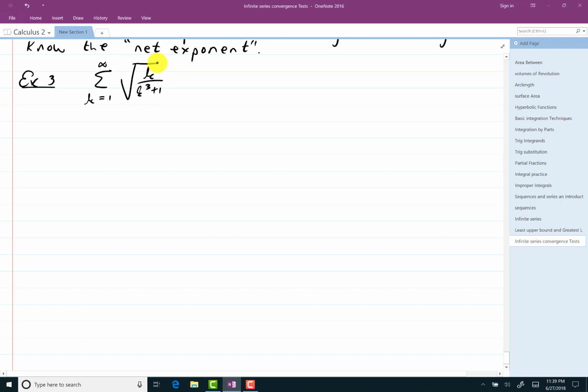All right, here I've got the square root of k over k cubed plus 1. This is where I'm going to talk about net exponent, and I'll see if you can hang with me on this. I'm going to rewrite it as k over k to the third plus 1, and then I'm going to write it to the 1/2 power.